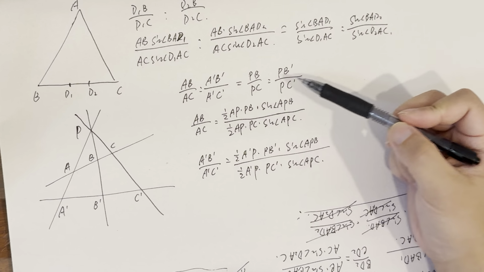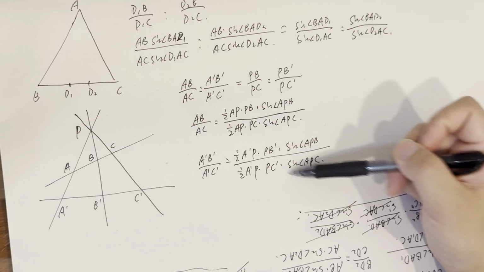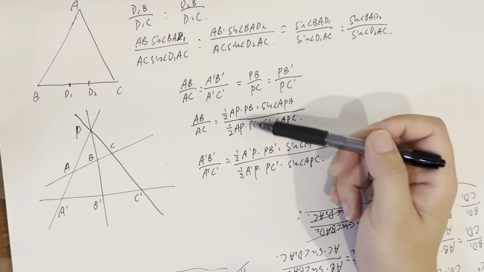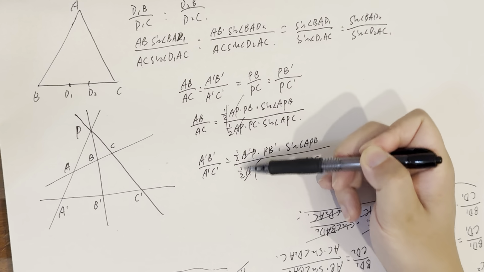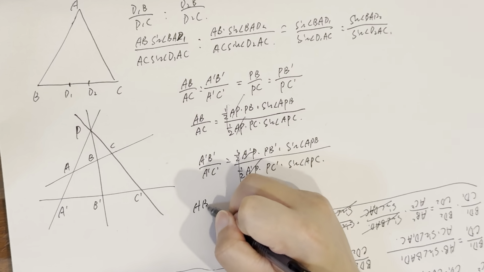Then we have sine angle APB to sine angle APC divided by sine angle APB to sine angle APC. These two cancel, right? And AP cancels here, A prime P cancels here, half cancels here. So we know directly AB to AC to A prime B prime to A prime C prime equals PB to PC to PB prime to PC prime, right?